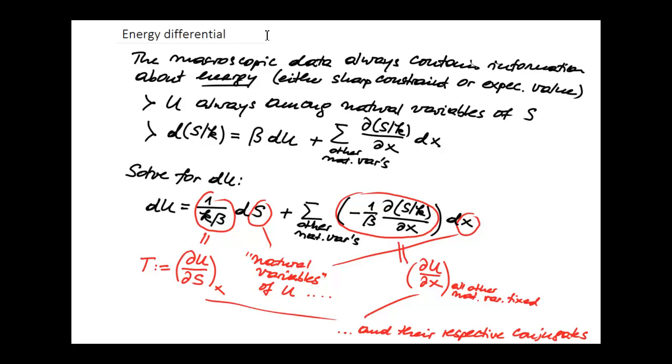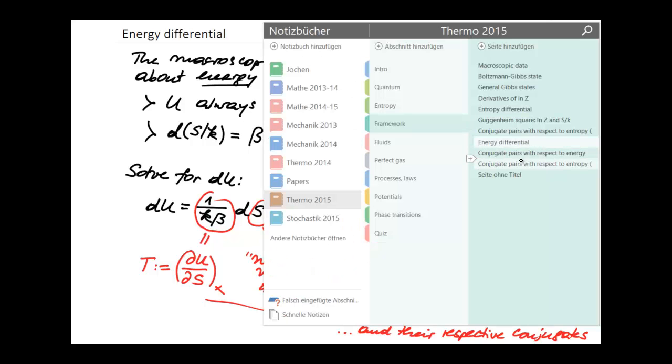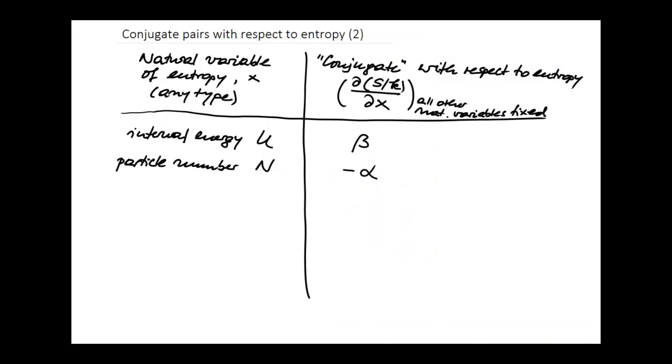So there's a relationship between T, temperature, and beta. We can solve that for beta, and we find that beta is equal to 1 over kT. So the physical meaning of beta is that it is the inverse temperature.